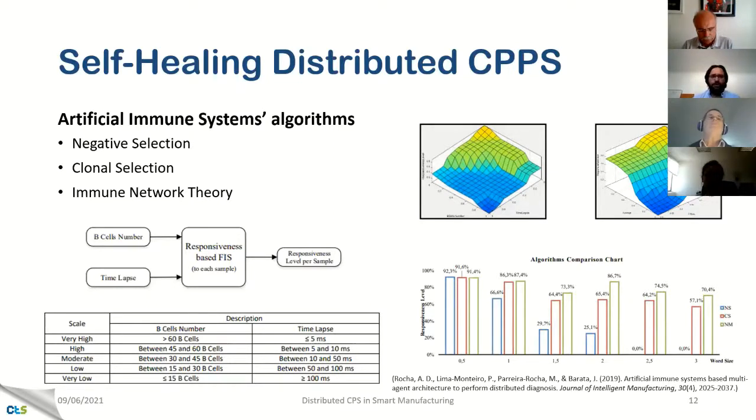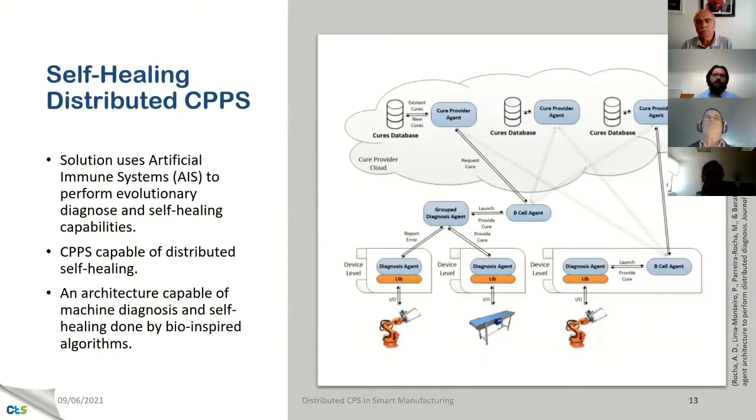Based on the experiments we did, we selected the immune network theory, and using this algorithm, we also provided this architecture that will use this algorithm to detect problems when the hardware is running, and try to deal with these problems, trying to heal this situation.